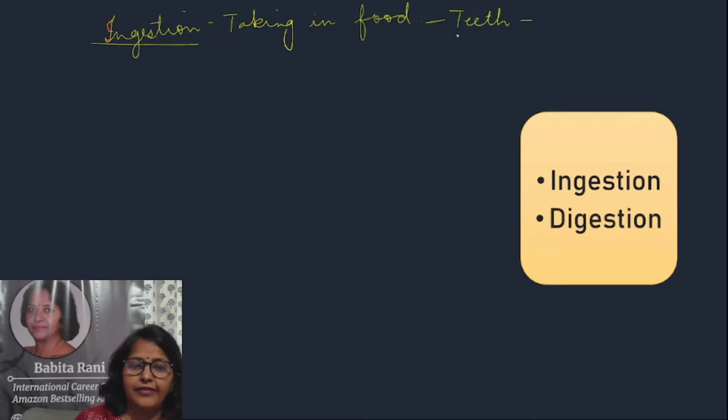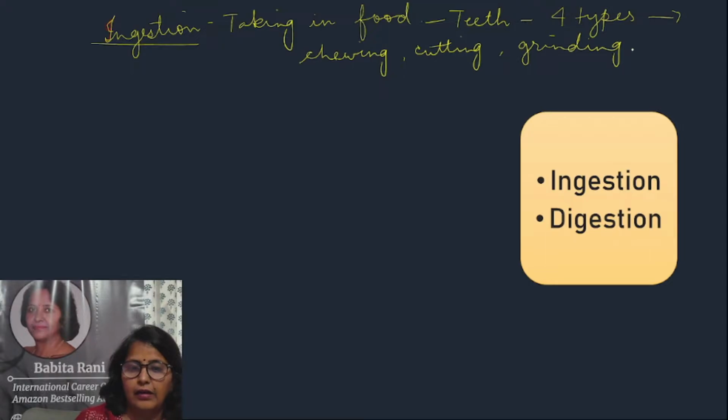Human beings have 4 different types of teeth, all of them helping in different functions: chewing, cutting, grinding, tearing. All these are done by teeth.